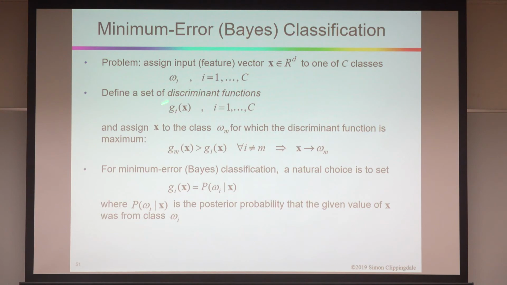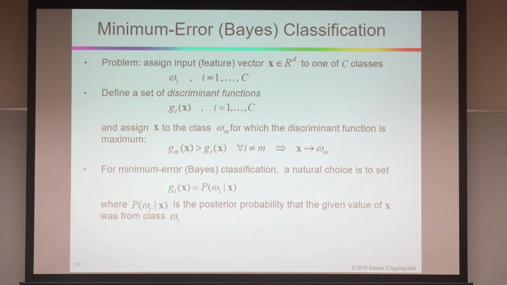We define a set of these functions, one for each class, g_i of x, and we're going to assign our input vector x to that class for which the discriminant function is maximum. So the mth discriminant function is bigger than all the other discriminant functions at that value of the input vector x.